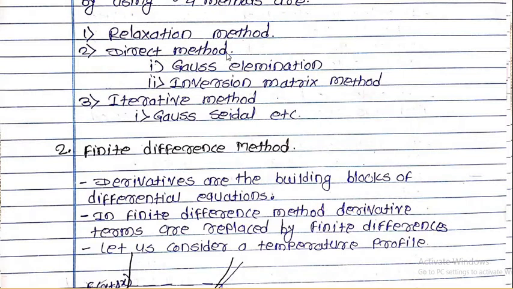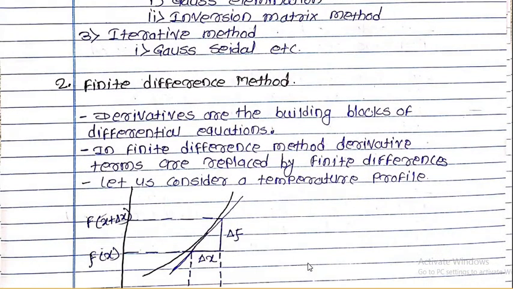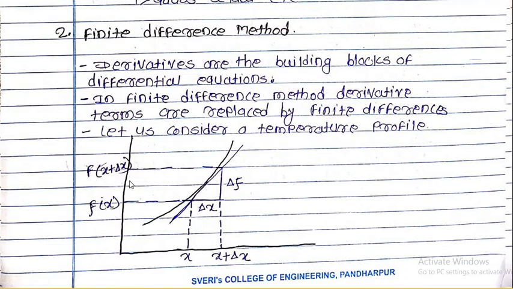Actually the derivatives are the building blocks of a differential equation. So in the finite difference method, derivative terms are replaced by finite differences. To understand this, let us consider one example. Here the function f of x, let us consider the temperature profile. So this is the temperature graph with respect to some independent variable.